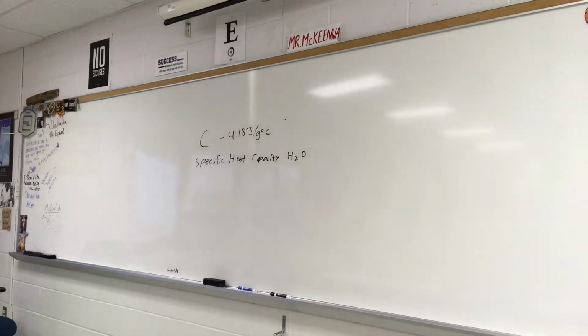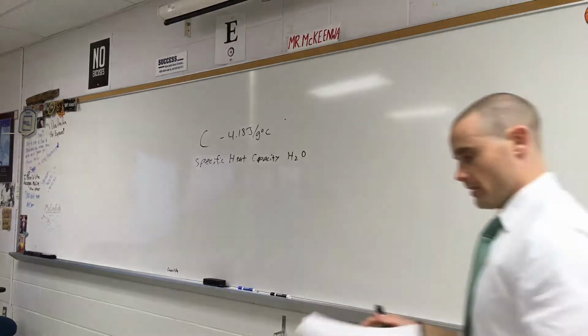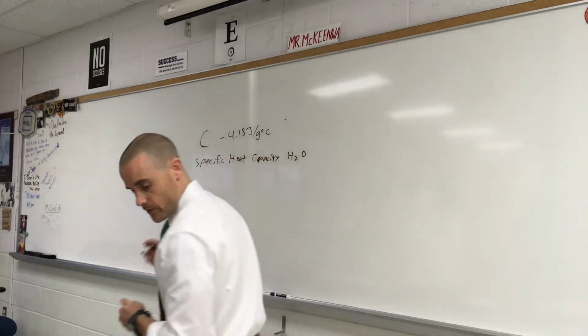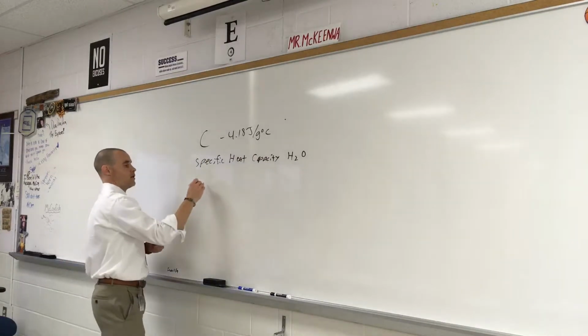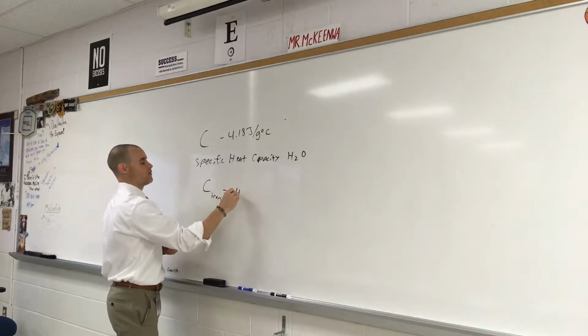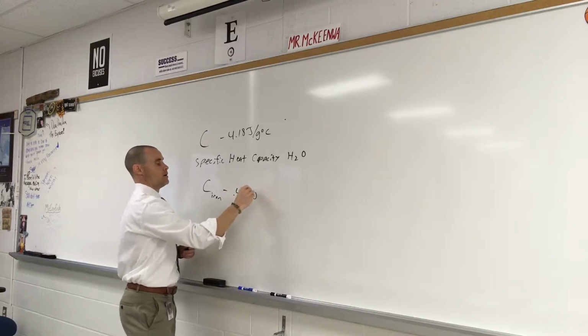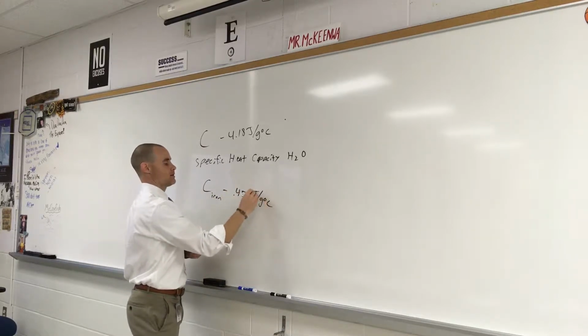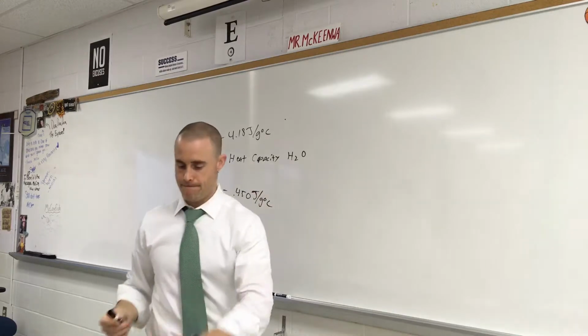There's a worksheet you're going to be doing. Let me tell you what the specific heat capacity of iron is. So the C for iron is 0.450 joules per gram degrees Celsius.